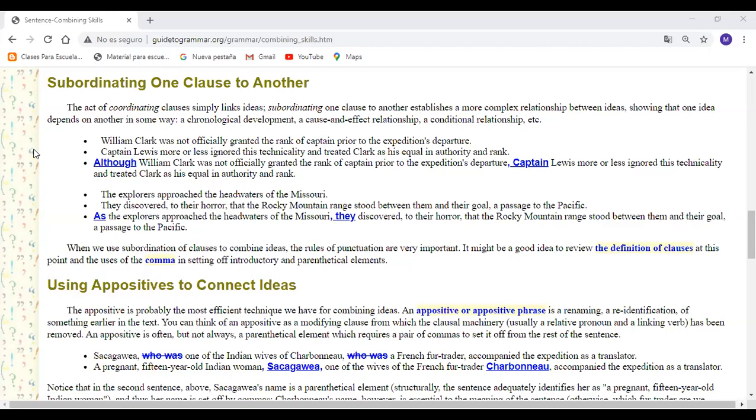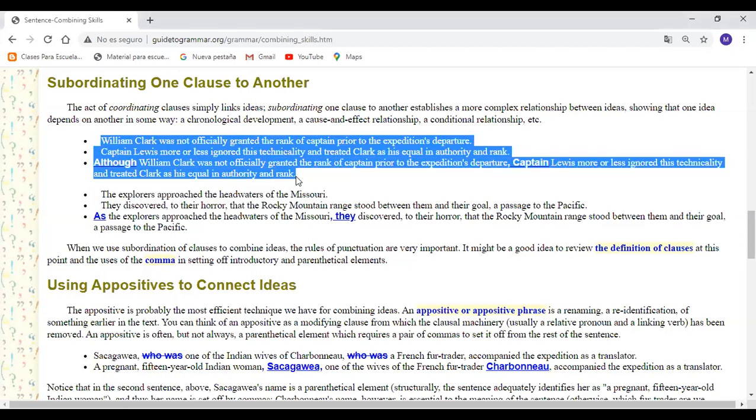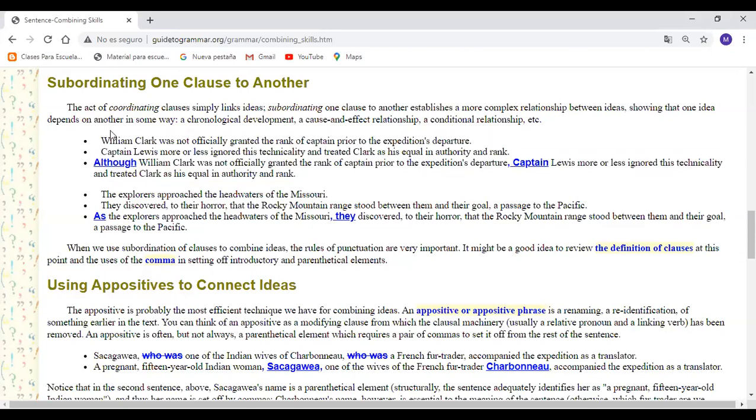And you're going to copy this, guys. Look, you're going to copy the example. First, you're going to copy the first sentence, then the second, and then you're going to write the complete sentence.